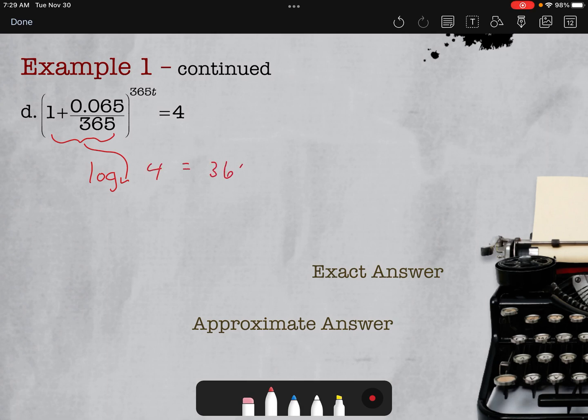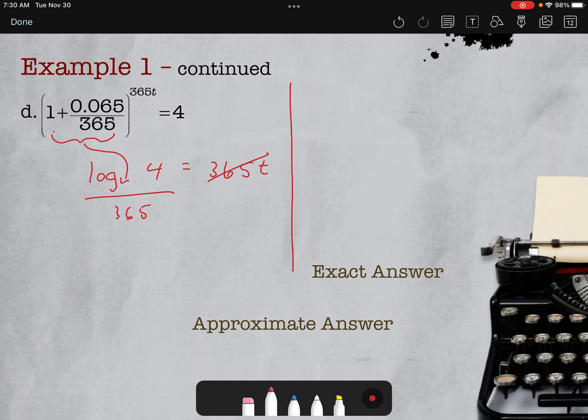Of 4 equals 365t, because that's our exponent. Now divide by 365, and there's our t. So that would be our exact answer. Log base 1 plus 0.065 over 365 of 4 divided by 365.